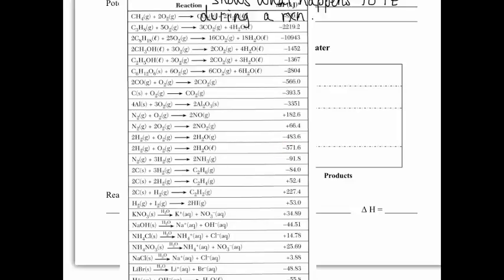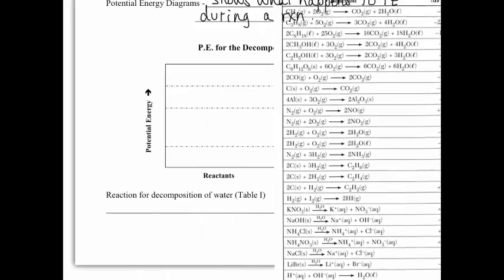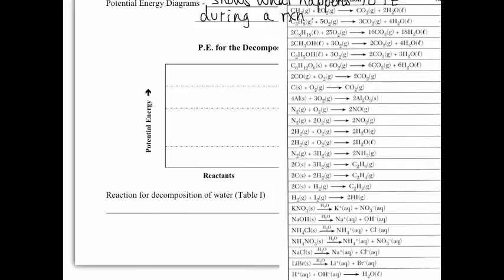So let me move this out of the way a little bit. And we're going to write this backwards. So I'm going to put my products as my reactants. So my 2 water in the liquid form becoming 2 hydrogen in the gaseous form plus oxygen also in the gaseous form.